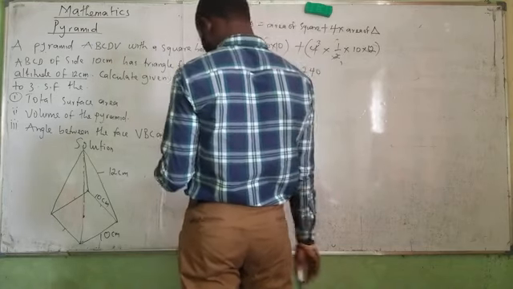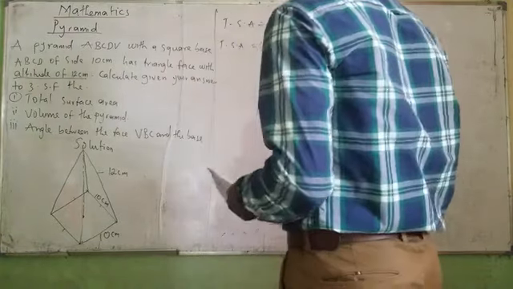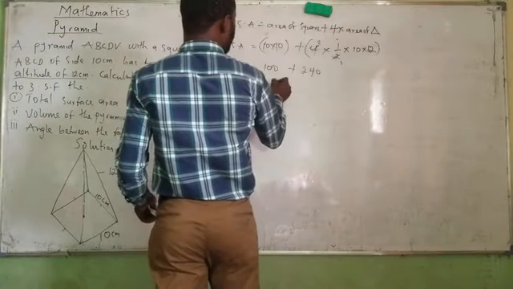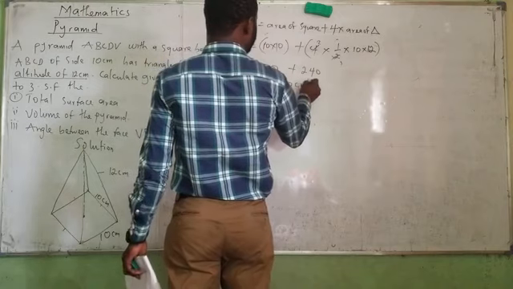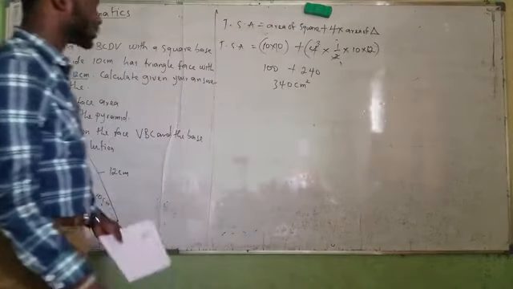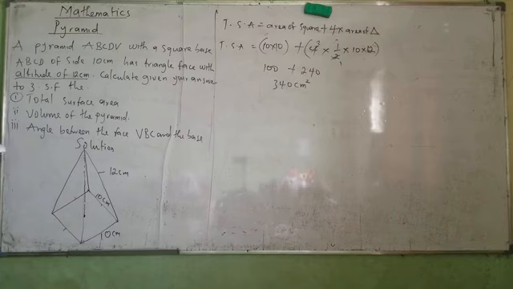So it means I'll be having 340 centimeter squared. That is the total surface area.